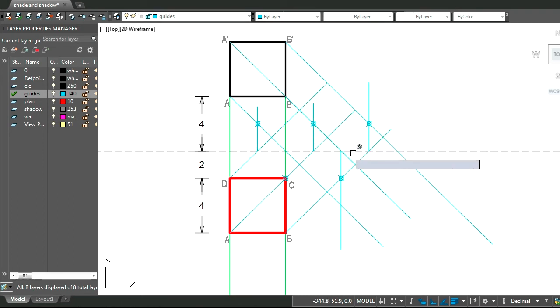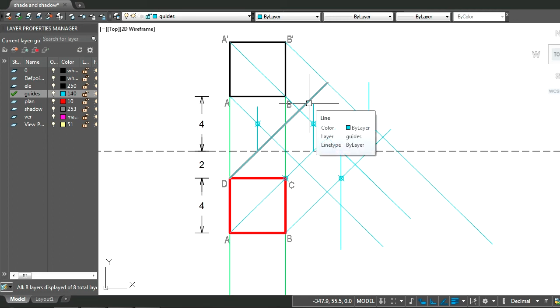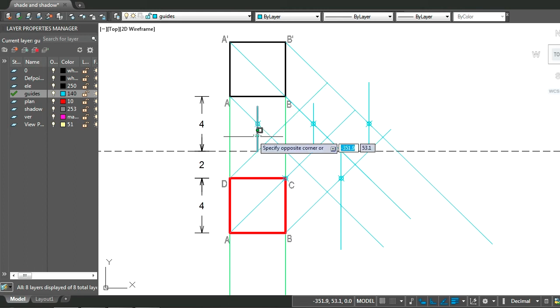So I'll extend these lines up, since D again and A dash will be taking up the same lines. So this and this intersect first, so we have to extend this up.